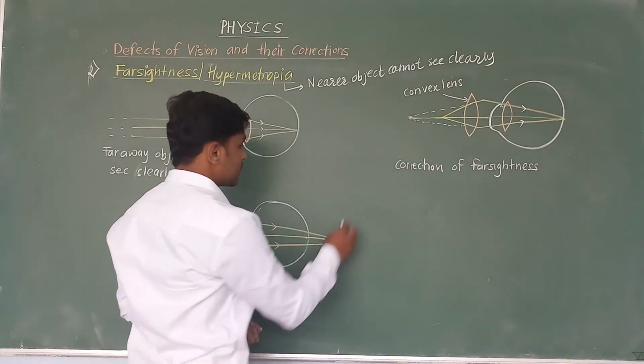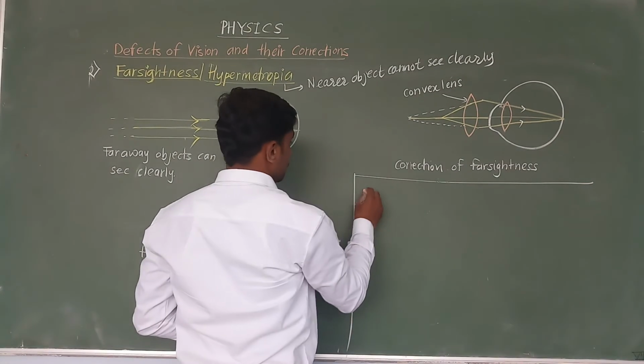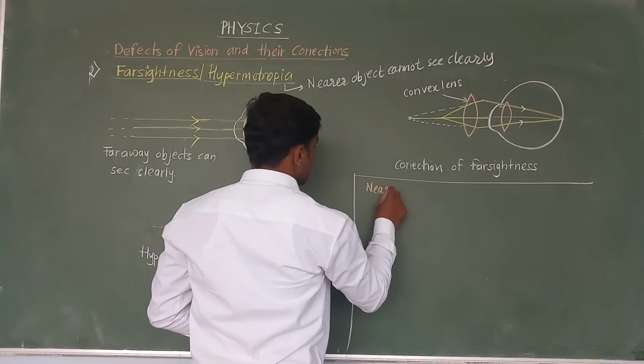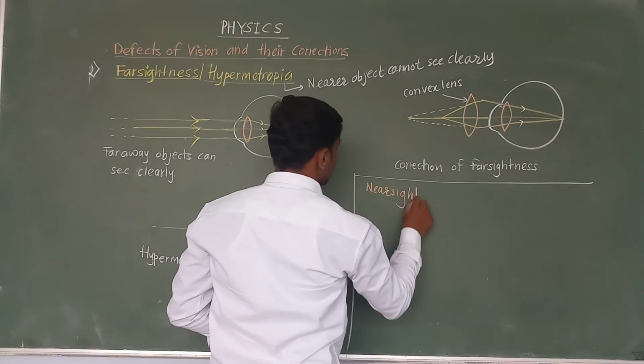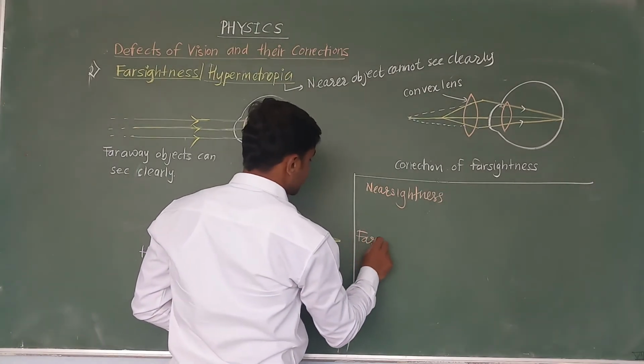I am giving you a table. First one is nearsightedness and second one is farsightedness.